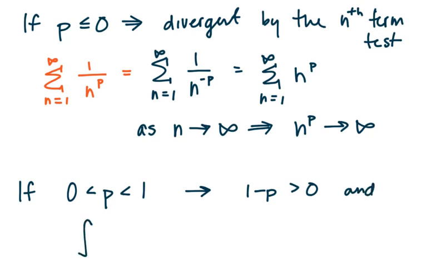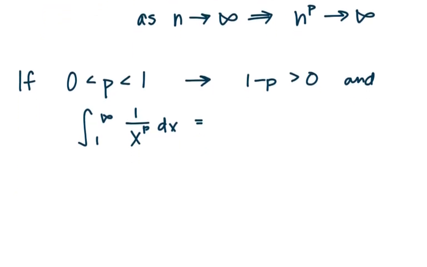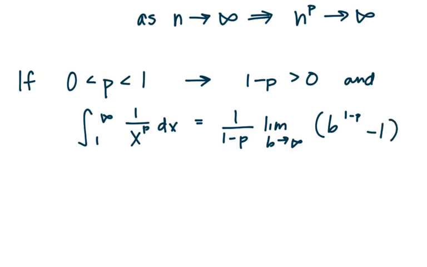And that integral then from 1 to infinity of 1 over x to the p dx, well, following a similar argument from what we just did in the first part, and I'm not going to work it all the way out, but we end up with 1 over 1 minus p, the limit as b goes to infinity of b to the 1 minus p, minus 1.